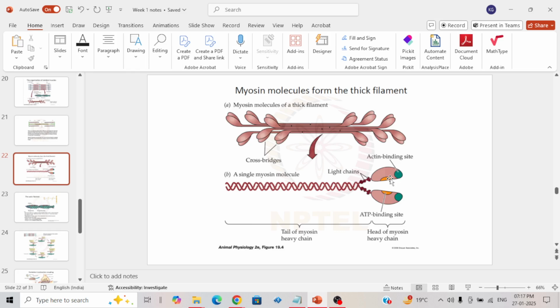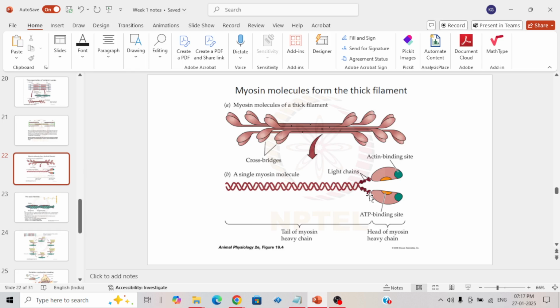Ma'am, but the source in that video told that only in the light chain is there a binding site for ATP. No, not possible. I guess you should listen to the video again.